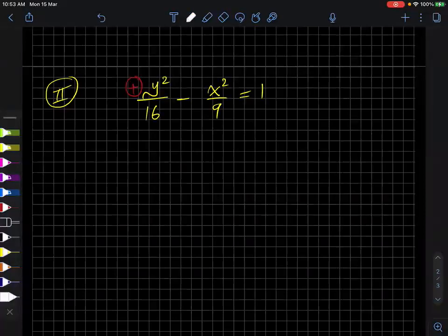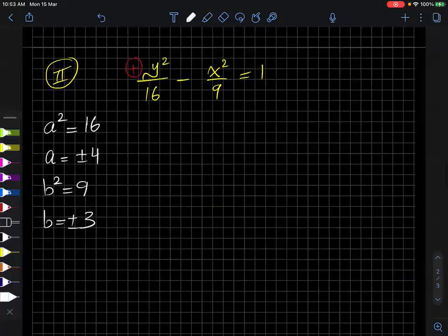We should say that the a squared now is 16. We said always the a squared goes with the positive variable. So y now is positive, so the a is under the y. The a is plus or minus 4, and the b squared is 9, so b is plus or minus 3.